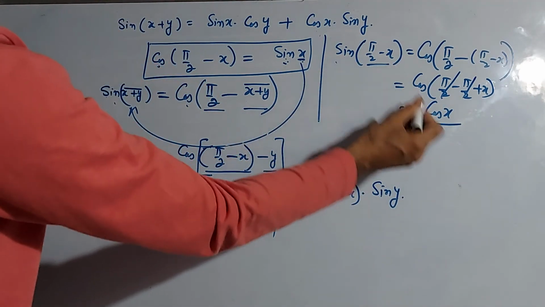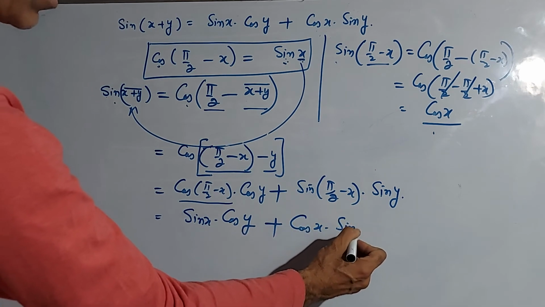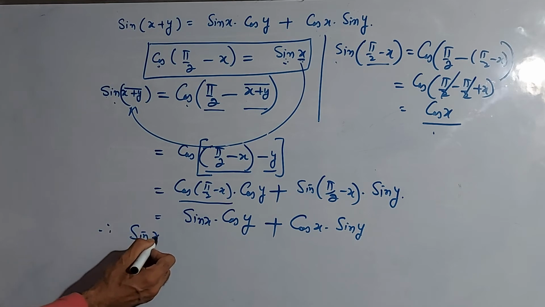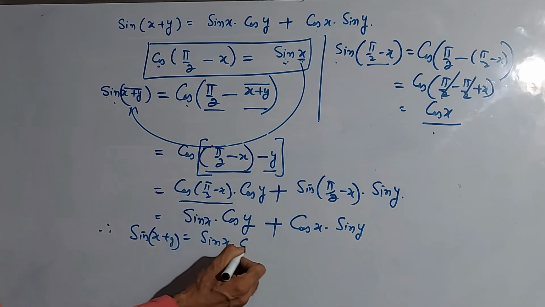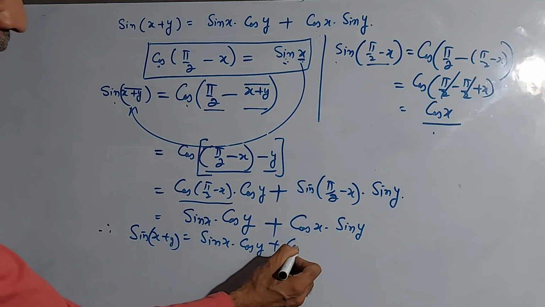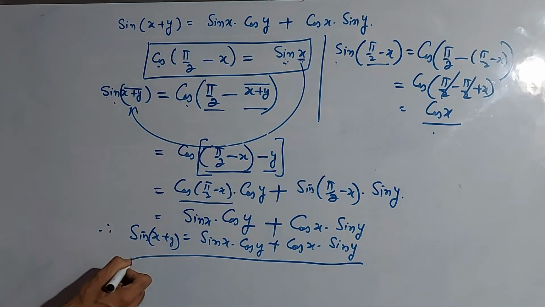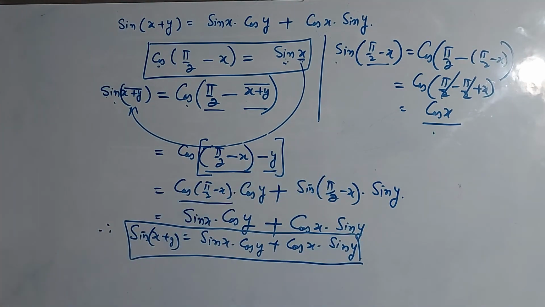So sine of pi by 2 minus x is cos x, and this is cos x into sine y. So we get the formula sine of x plus y is equal to sine x cos y plus cos x into sine y. Most important formula. All these formulae are coming from cos of x plus y, one after the other.